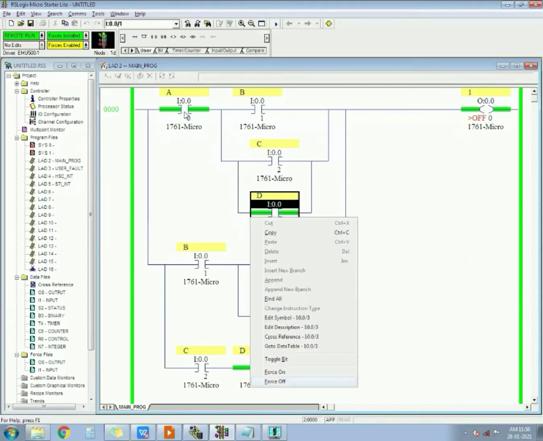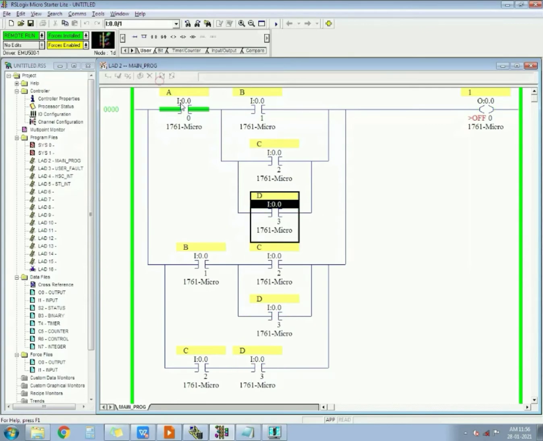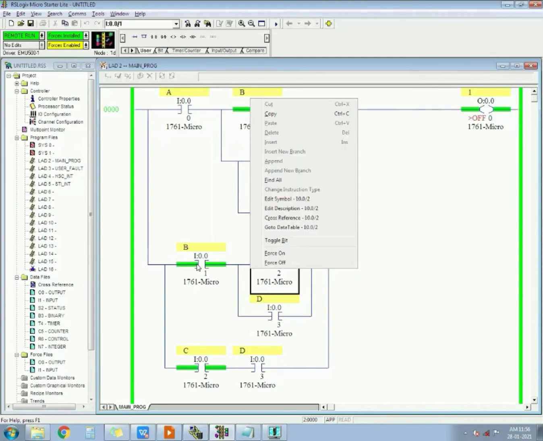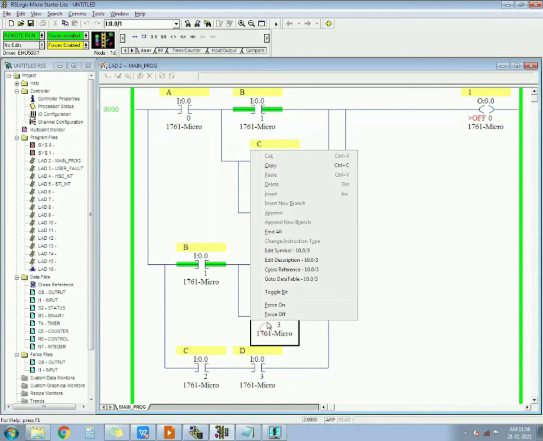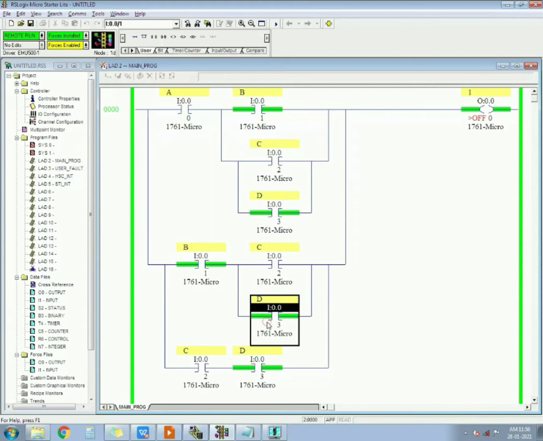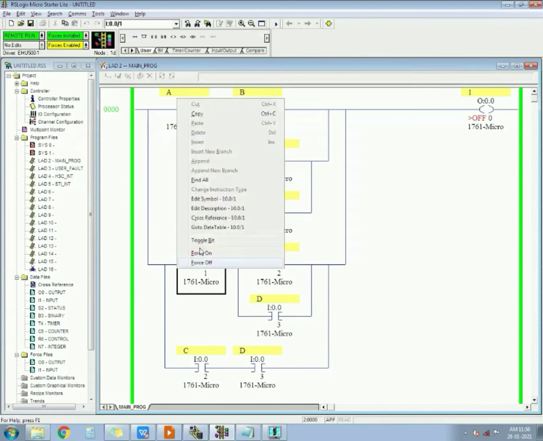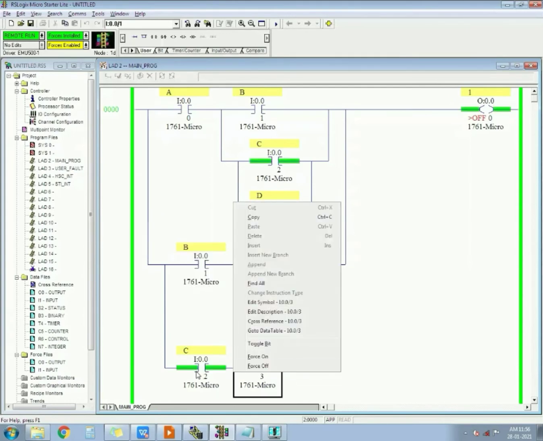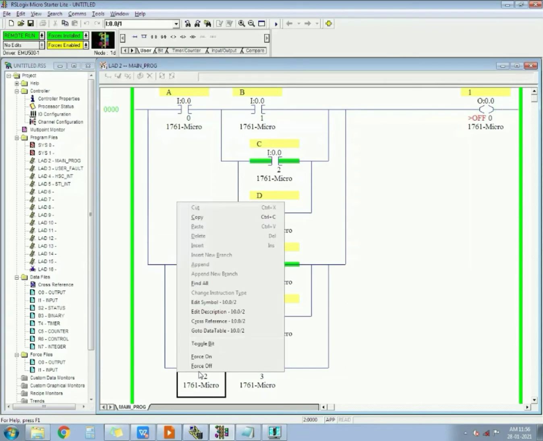Next combination is B and C. Now let's switch off this, and B and D, output gets on, and C and D. You can see all possible combinations are working.